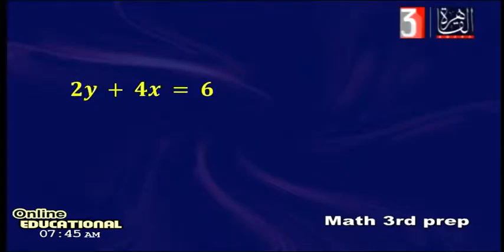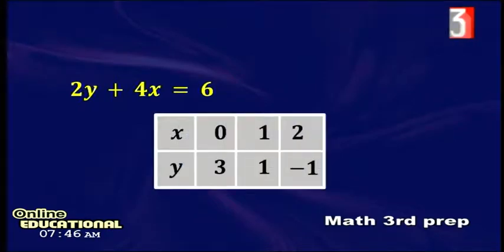Then, by substituting for the values of x to obtain values of y, you are going to find that when x equals 0, y equals 3. When x equals 1, in the same way, 4 times 1 equals 4, then 2y equals 6 minus 4 equals 2, then y equals 1.